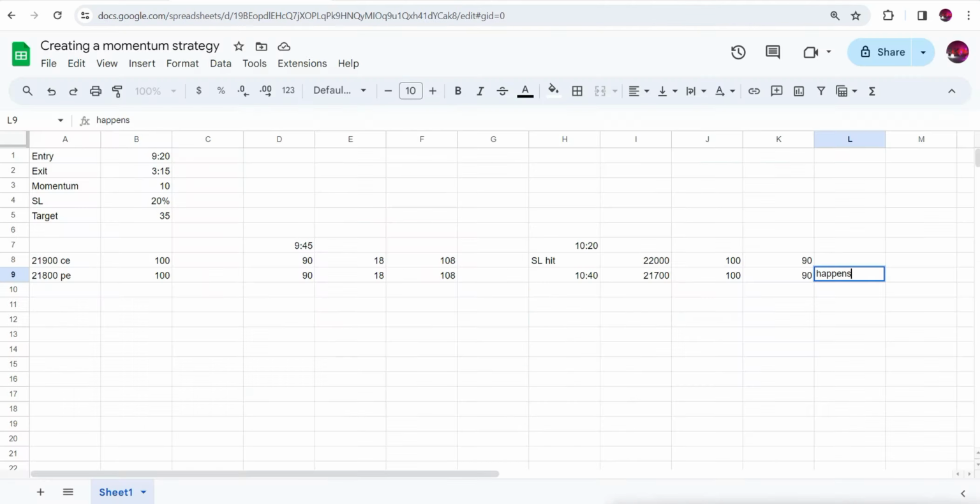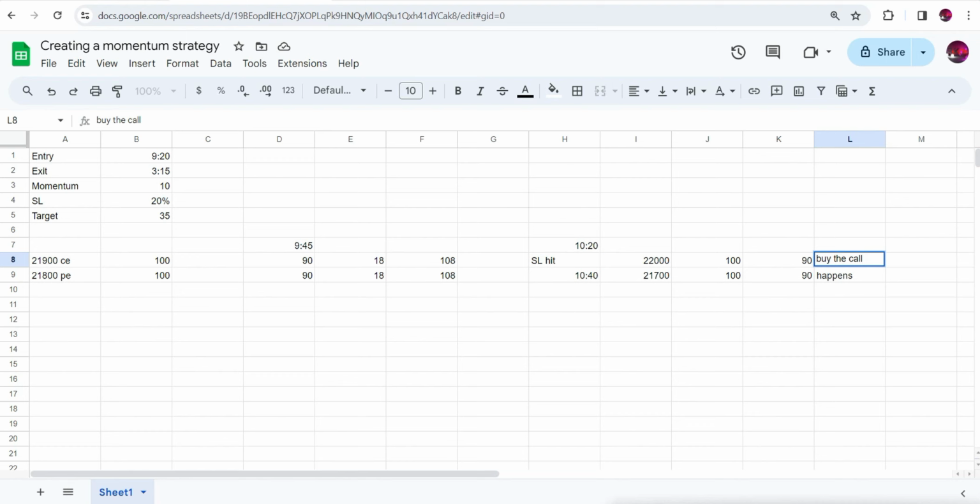For example, assume that at 10:20 our stop loss was hit on the 21,900 call side. So it will select the 22,000 call at that time whose premium was 100, and if the momentum happens from 100 to 90, it will buy the call. Why buy the call?